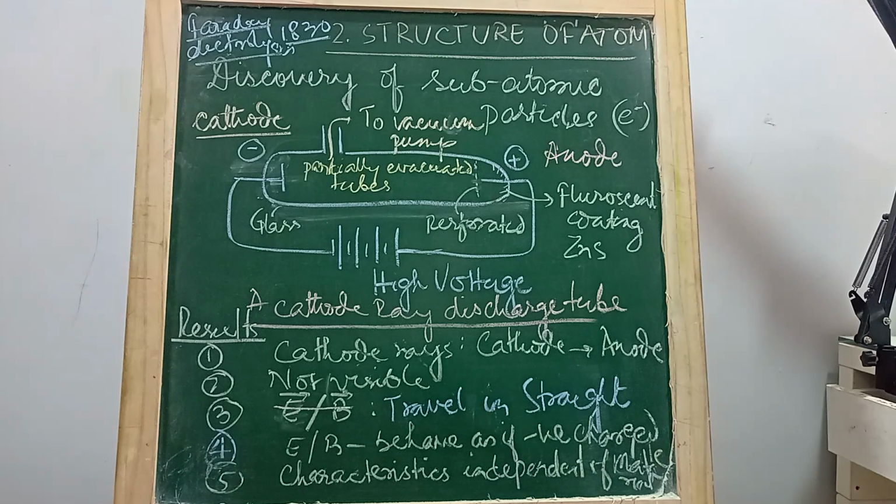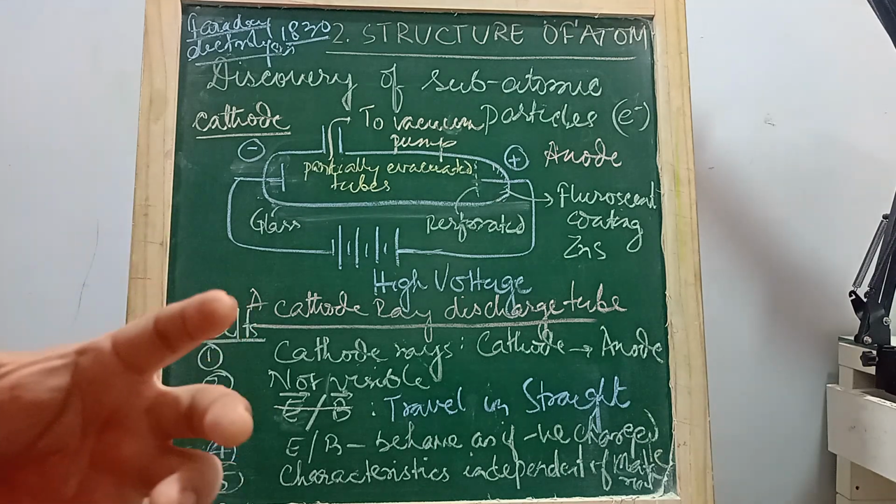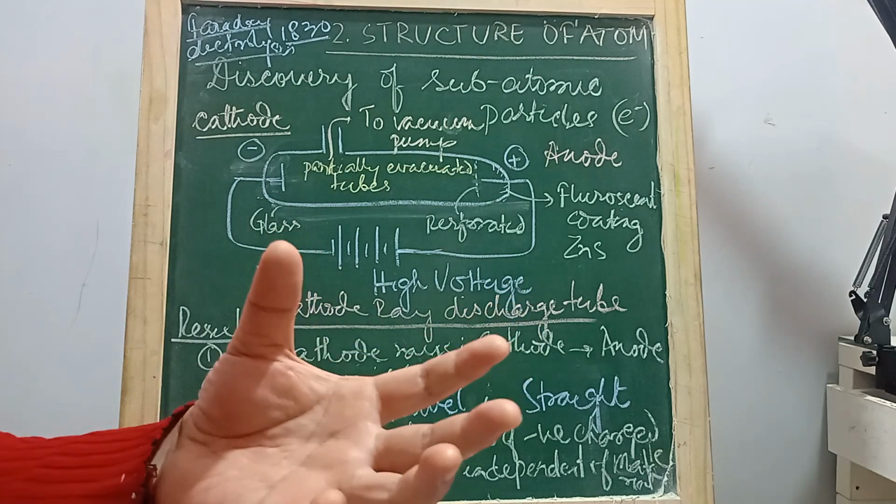Okay, let's move on to chapter number 2, structure of atom. Until 1808, when Dalton proposed Dalton's atomic theory, which was based on the assumption that all the matter around us is made up of atoms of different elements, and atoms cannot be further divided.